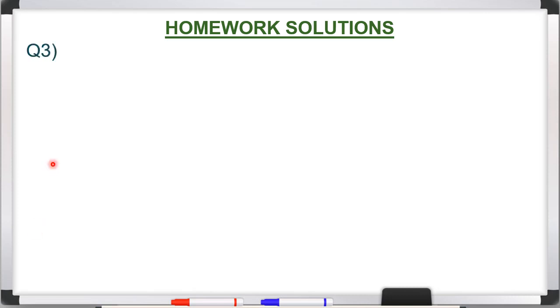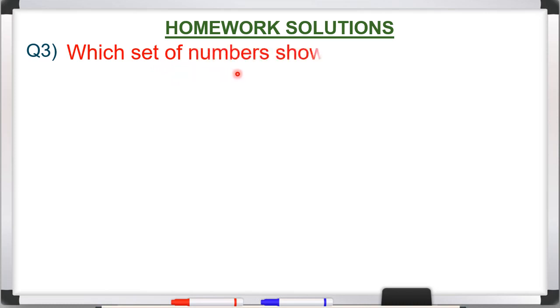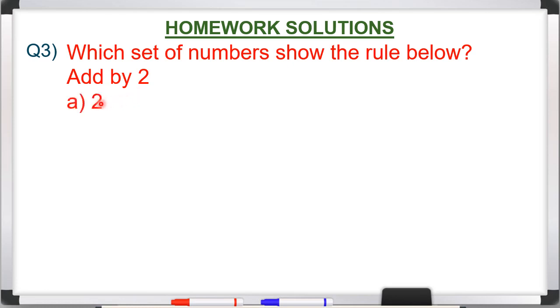Question number 3 is beta, which set of numbers show the rule below? Add by 2. Clear beta? Option A 2, 6, 10, 14.